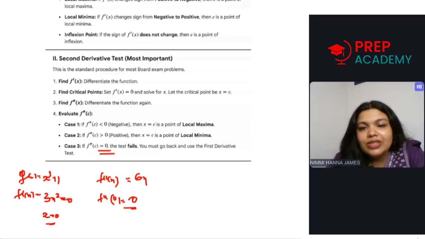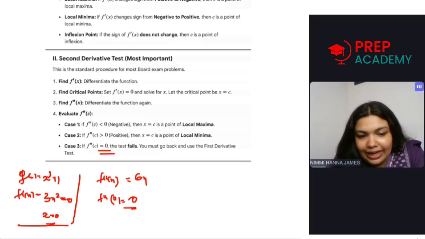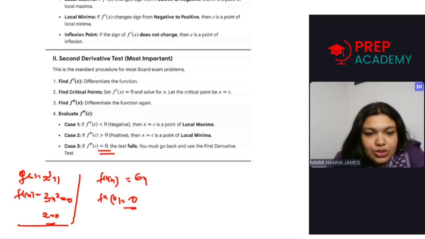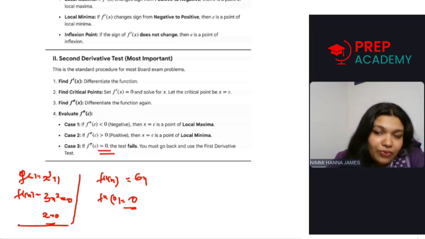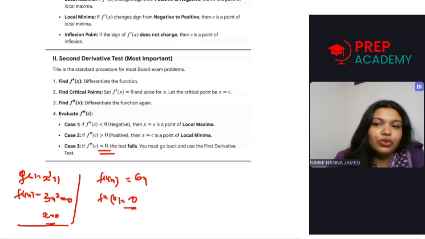So we don't know if it is a local maxima or local minima when the test fails. Then we move to the first derivative test. In the first derivative test, we have x equal to 0 as the critical point. So when the function moves, f dash of x moves from left to right.